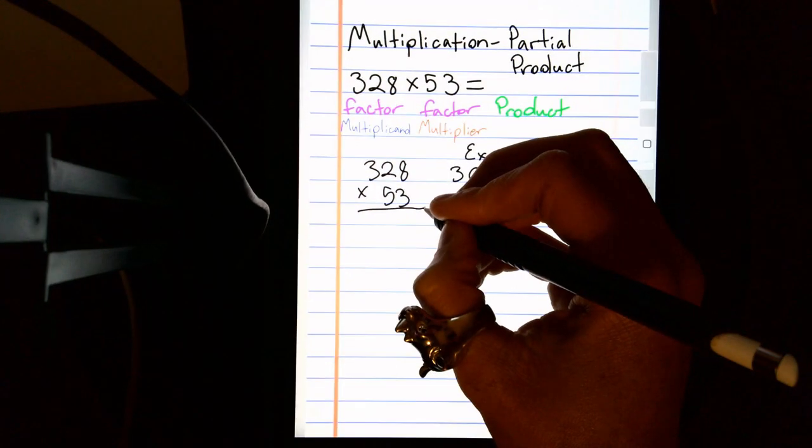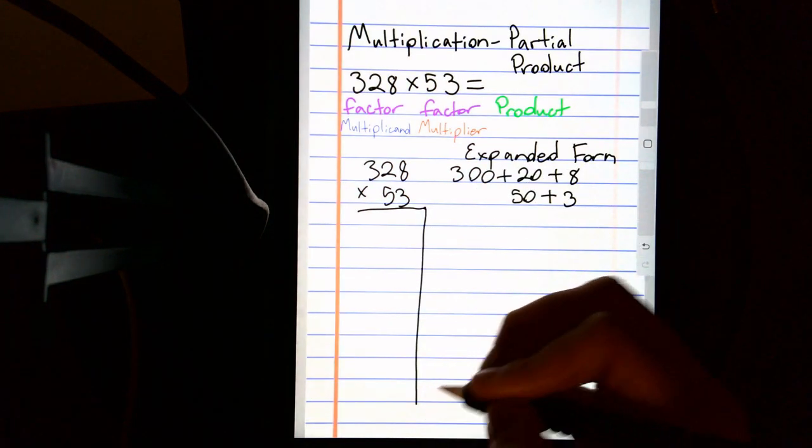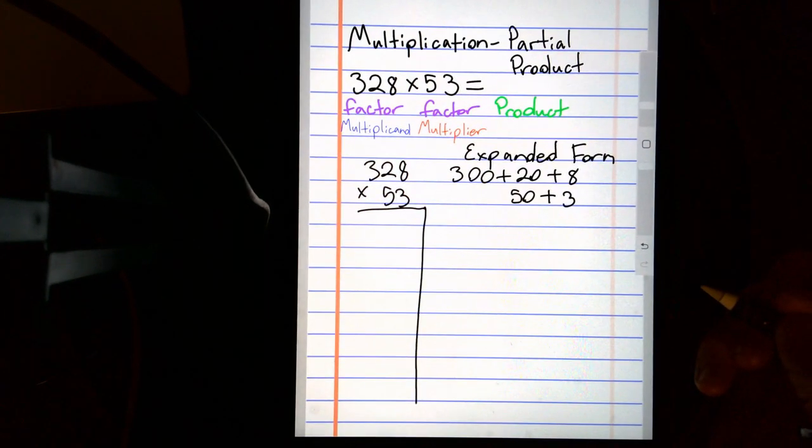Now, we would take this and bring a line straight down so we have some room to write these multiplication problems.